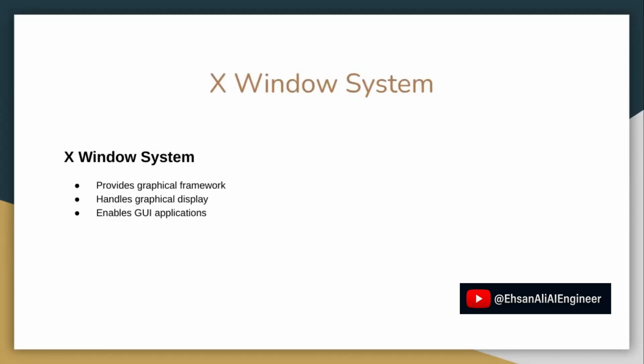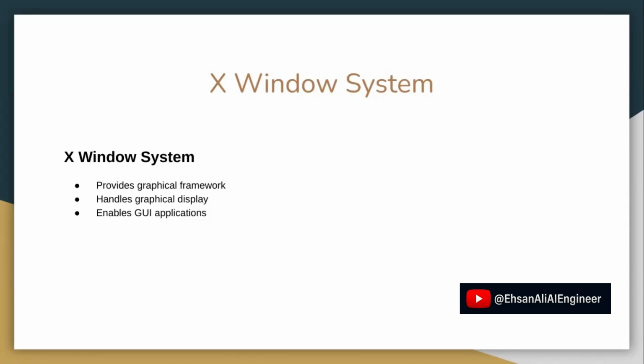The X Window System provides the graphical foundation for Linux desktop environments. Its primary responsibility is managing graphical displays, mouse input, keyboard input, and window rendering. Applications such as web browsers, file managers, and terminal emulators rely on the X Window System to display graphical interfaces.